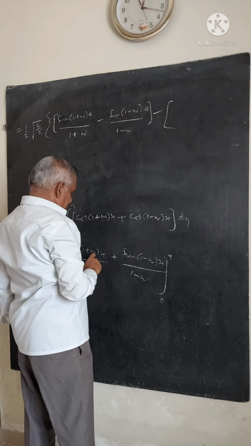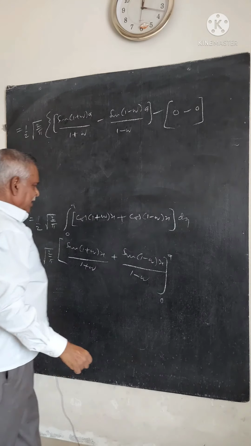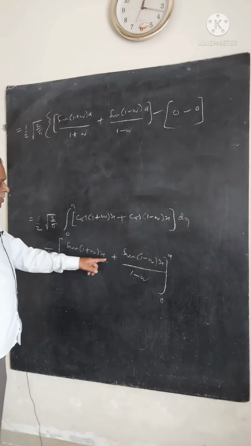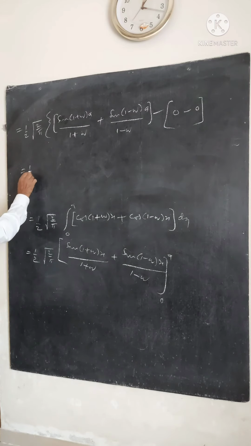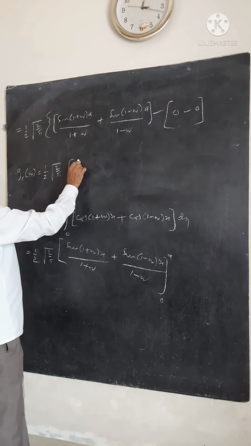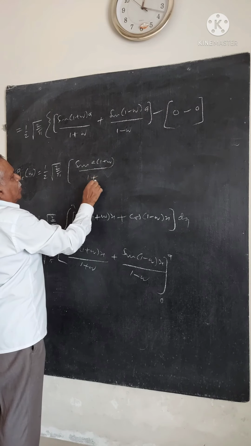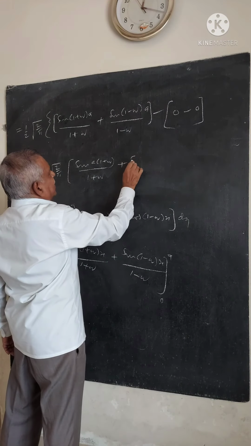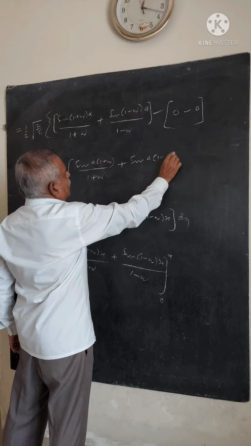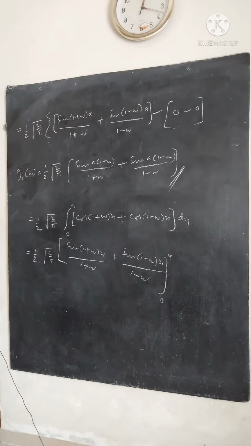At the lower limit, sin 0 is 0, so those terms are 0. Therefore, the answer is g of omega, the cosine transform, which we can write as g c of omega, equal to 1 by 2 root of 2 by pi, sin (1 plus omega) a by (1 plus omega) plus sin (1 minus omega) a by (1 minus omega). That is the answer.